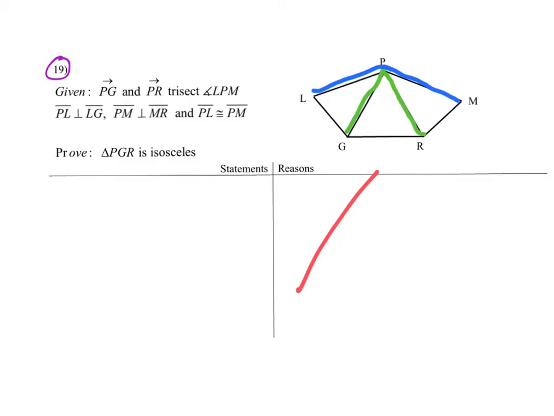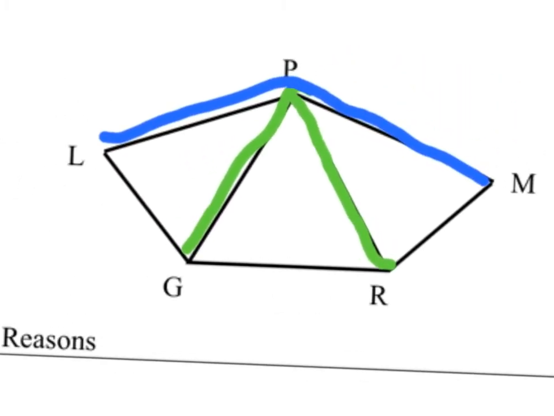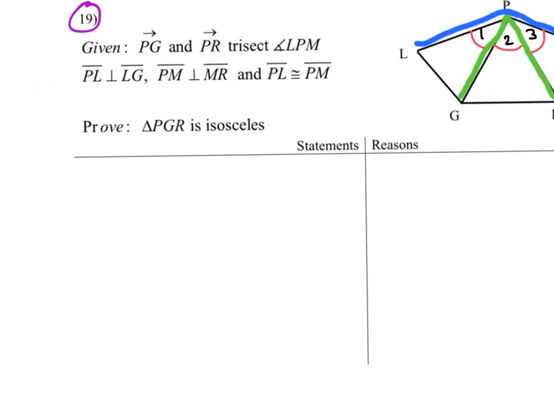So we've got three angles that are going to be congruent. I'm going to number them, and we're going to have angle 1 congruent to angle 2, which is congruent to angle 3, because the angle is trisected, cut into 3 parts. I'm going to start the proof out.